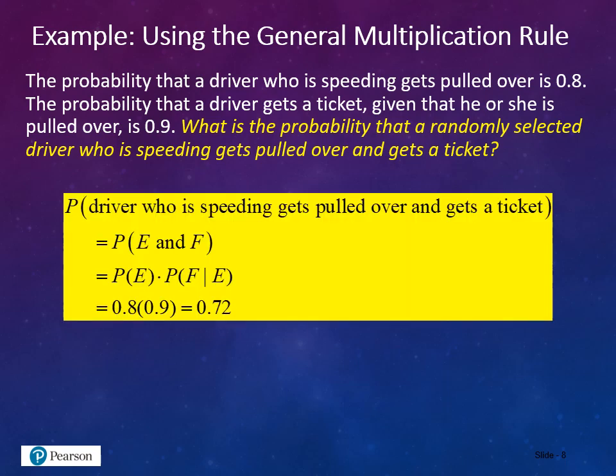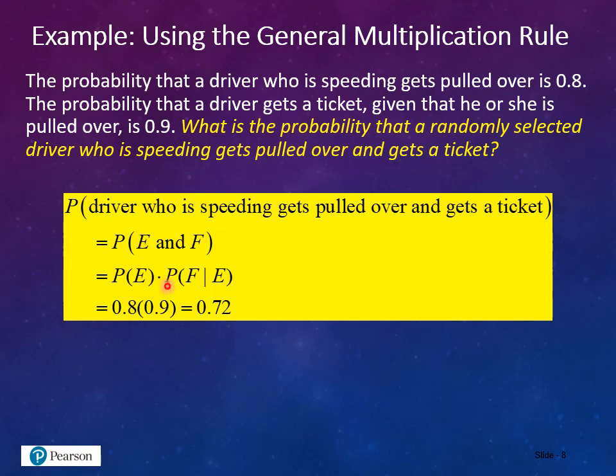Okay. So the probability of a driver who is speeding gets pulled over and gets a ticket is equal to the probability of E and F, assuming that E is a driver who is speeding and gets pulled over, and F is getting a ticket, okay?